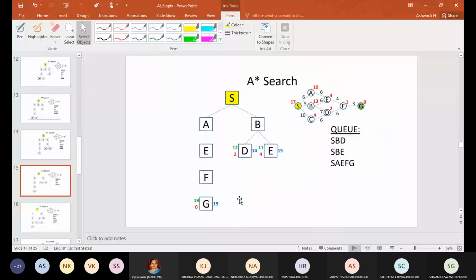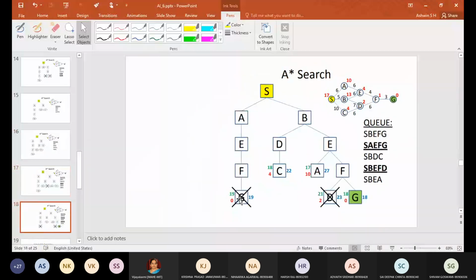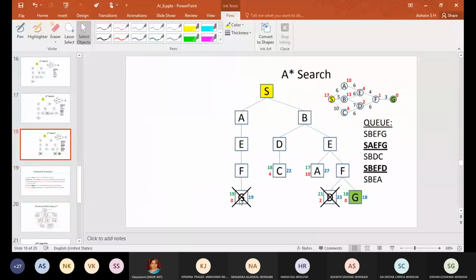If you move in the direction of SBD, SBDE, when you reach through F, you will get 18. SBEFG, EFT will give you 23, I think, that I have discarded. So the final optimal value, the evaluation function when I have calculated, is 18.